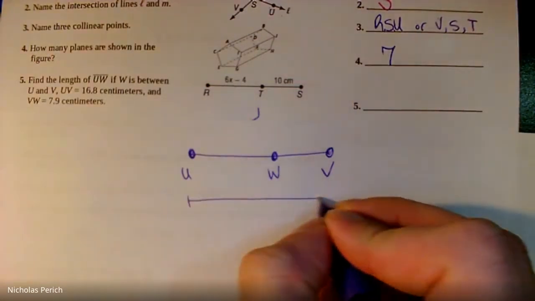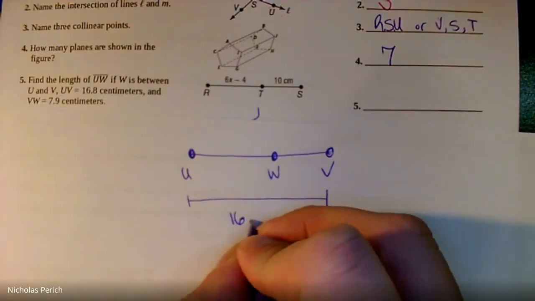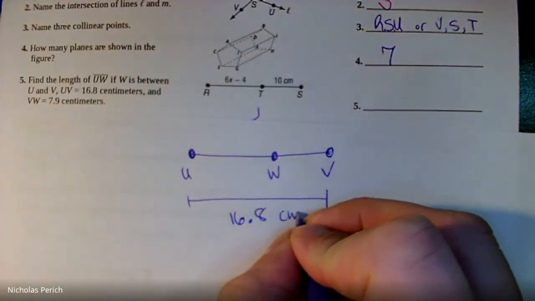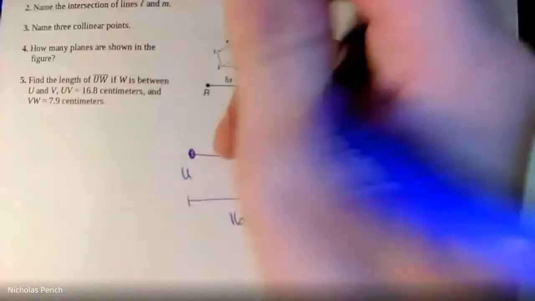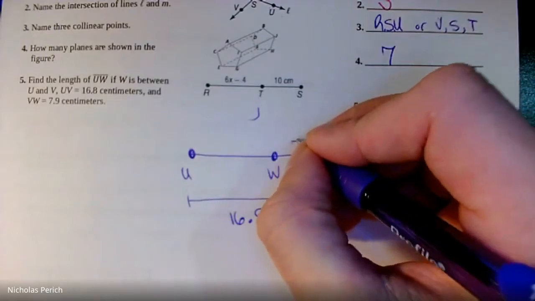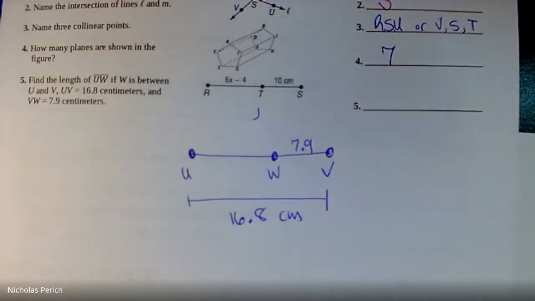UV, this whole thing, is 6.8 centimeters. VW, Volkswagen, is 7.9 centimeters.